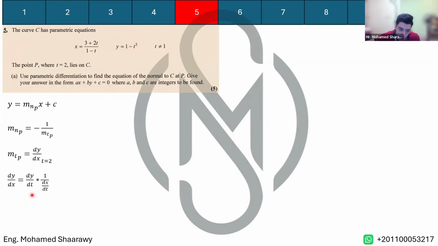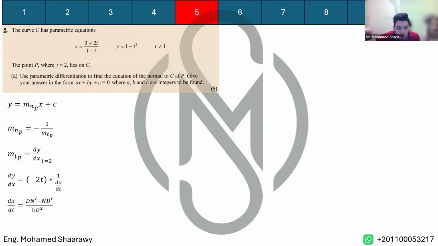It's just negative 2t, so I replaced it here. And dx/dt, let me get it here first. dx/dt is differentiating this, and in order to differentiate this, I can use the quotient rule. So it's (dn' minus nd') over d squared, where d is the denominator and n is the numerator.